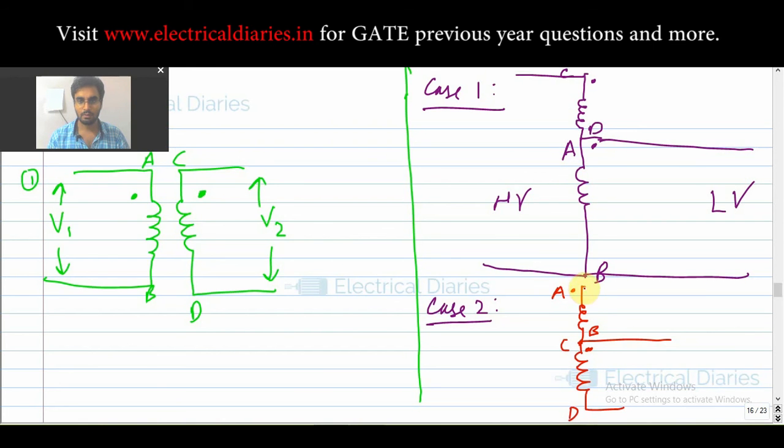So this will be your HV and this will be your LV side. This is also one way. This is your case 2.